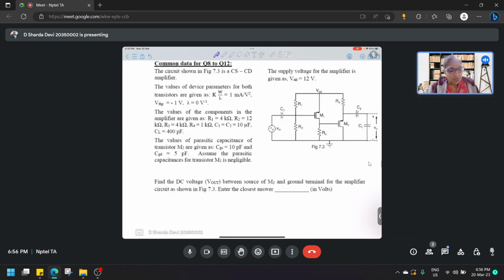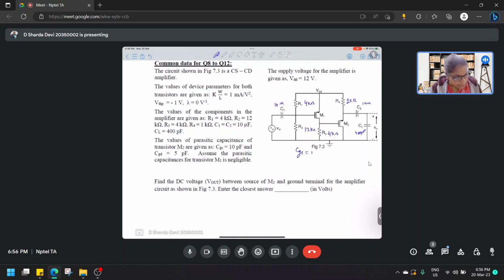Now this set of problems is based on CS and CD amplifiers, so basically MOS based amplifiers. In this, R1 is 4 kilo ohm, R2 is 12 kilo ohms, R3 is 4 kilo ohm, R4 is 1 kilo ohm, C1, C2 are 10 micro, and CL is 400 pico.